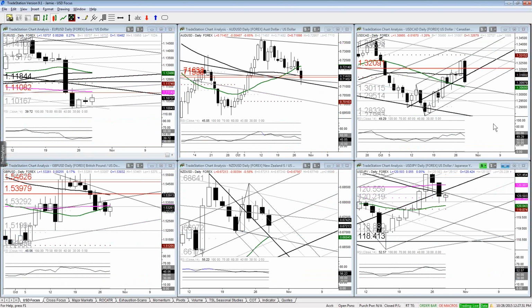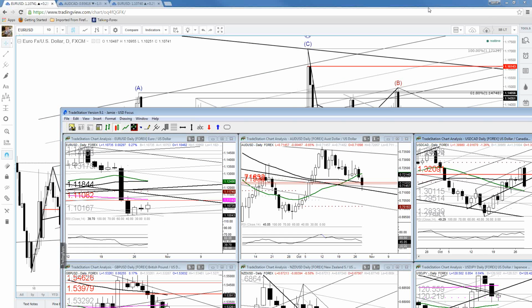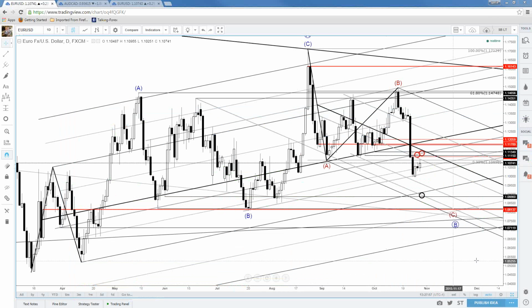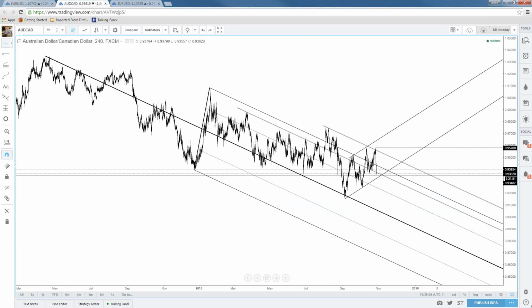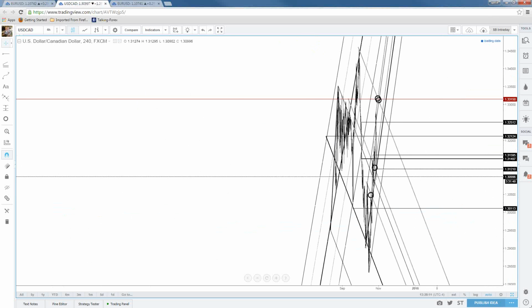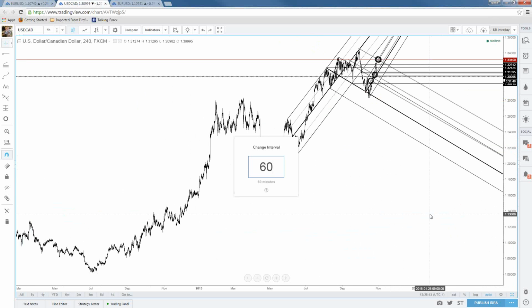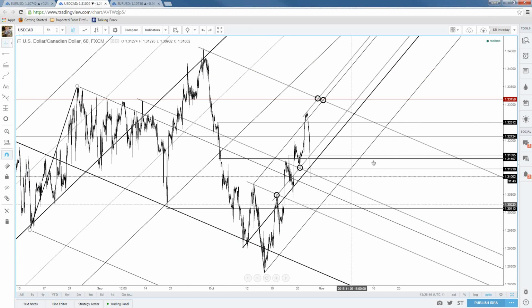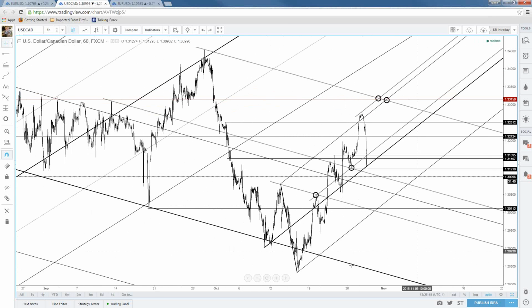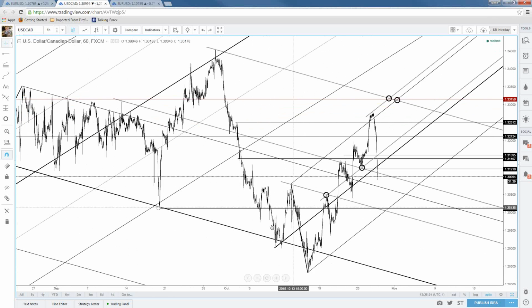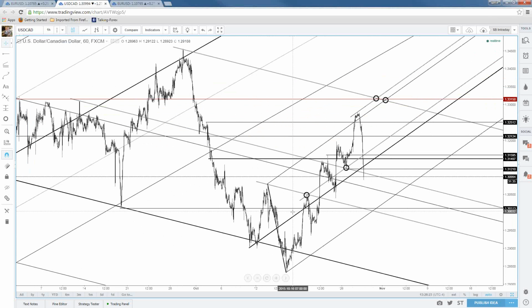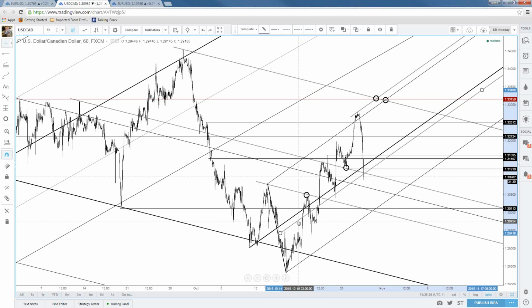Well, at this point, dollar CAD, let's go back to the dollar CAD hourly chart. Crude's actually coming off a little bit. So this is pure FX right here. Okay, so at this point, I wouldn't trade that.